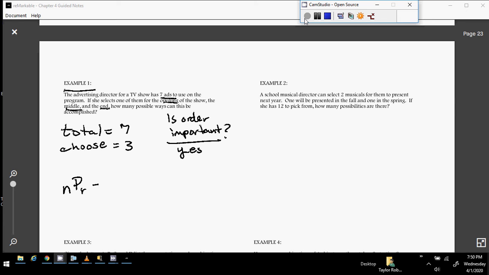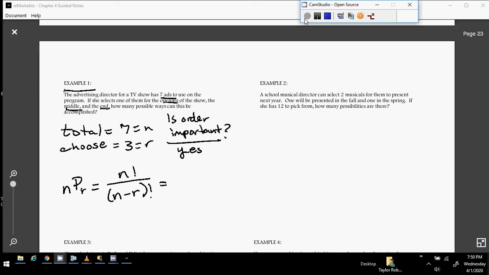Here is your permutation equation: n factorial over n minus r factorial. Well, n is our total number. So this is n. 3 is the number we're choosing, or the rate at which we are choosing.